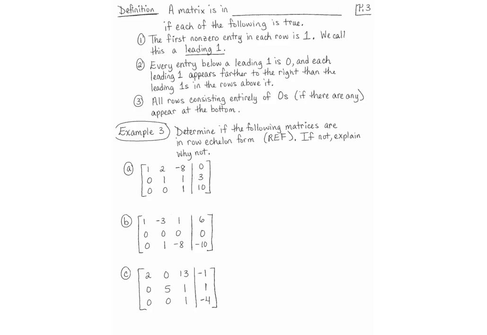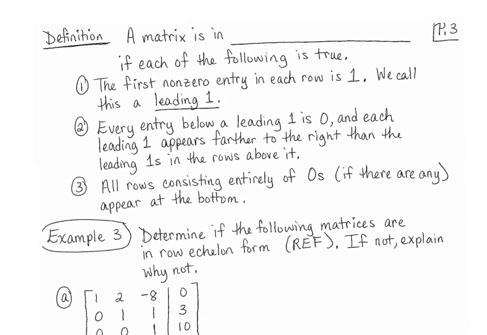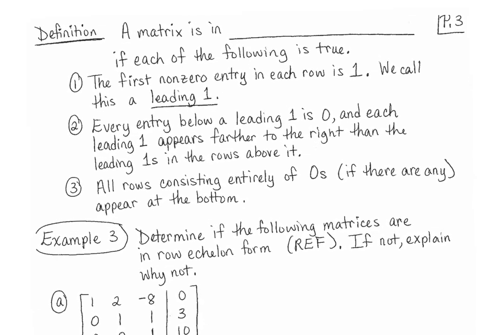All right. So let's define a new term. A matrix is in row echelon form. Sometimes I'll write R, capital REF. A matrix is in row echelon form if each of the following is true.